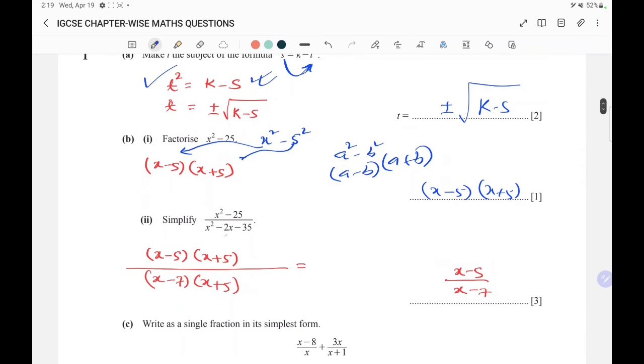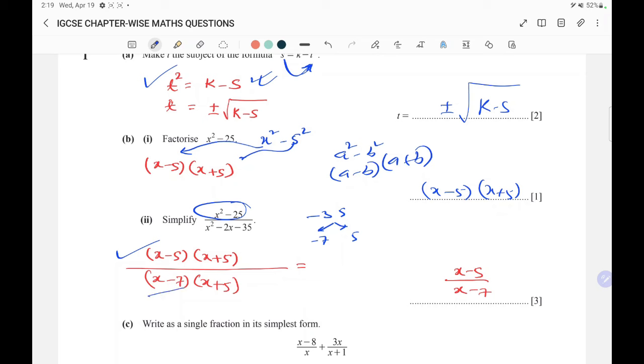Now here, x square minus 25 over x square minus 2x minus 35, we have to simplify. So x square minus 25 we can write directly from the top, x minus 5 times x plus 5, and the x square coefficient is 1, so it is easy to factorize. Just break this minus 35 into two parts, but the addition should be minus 2, so minus 7 plus 5 will be right.